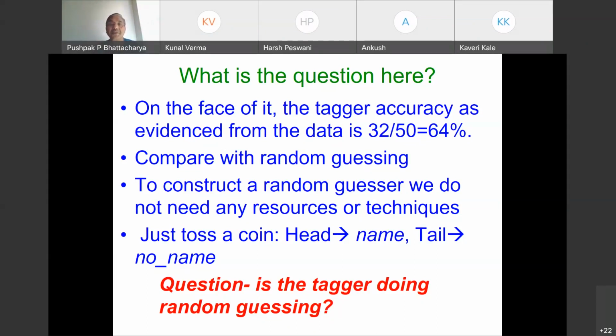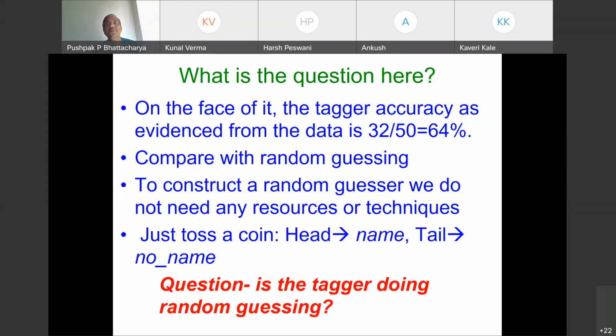Now, the more the data, the more will be the behavior of obtaining 50% named entities, 50% non-name entities, if this is the algorithm we are following. So I think the situation is clear to you.